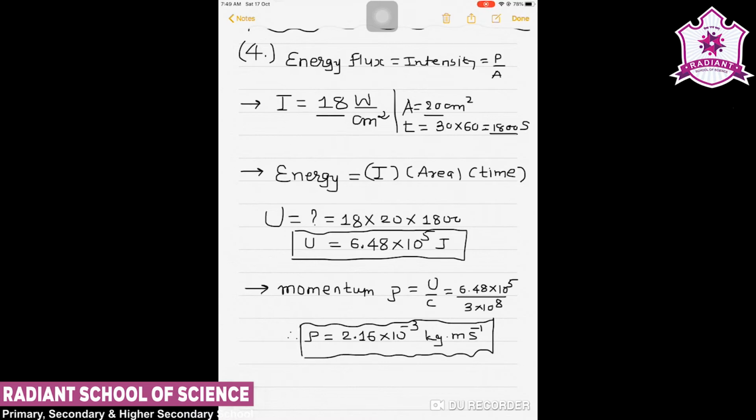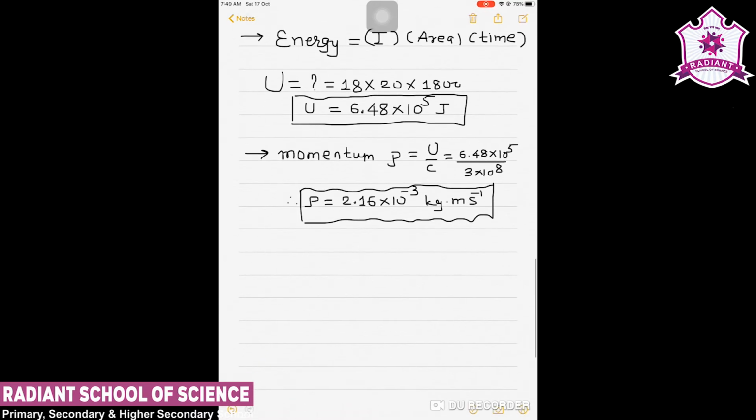And in the last, they want to find out the force acting. So force is equal to momentum upon time. Here we have momentum 2.16 into 10 raised to minus 3, and time is 1800 seconds.